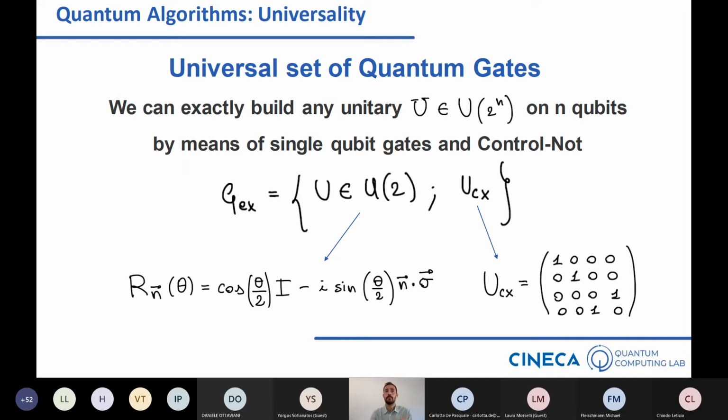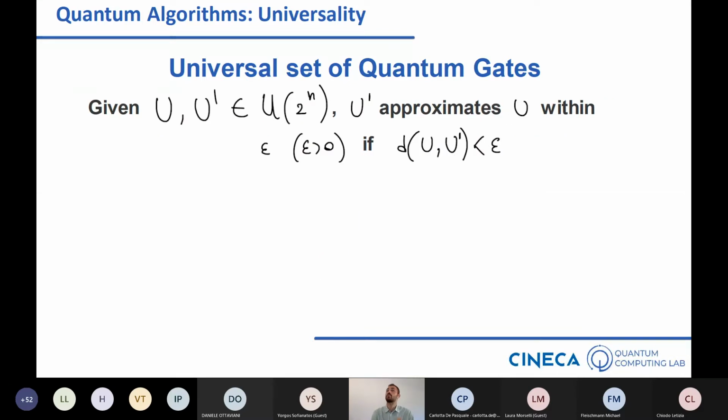But okay, in more practical terms, you don't have access to the full set of unitaries associated with a single qubit. So what you can do also, you can get universality. Getting universality means that this set here is universal because you can build any unitary. Okay, you can also get universality in an approximate sense.